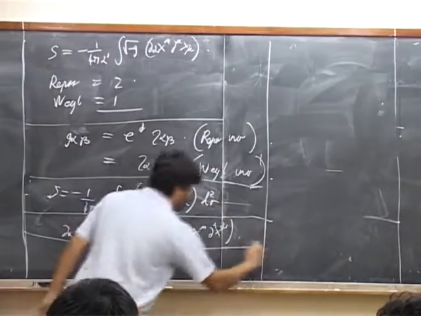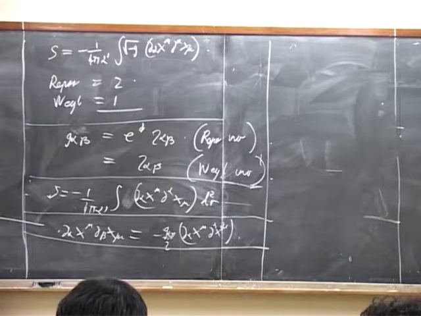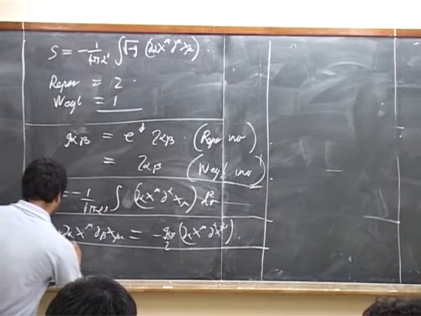Oh, there was no square. Okay, so we have to do our quantization consistent with these constraints. So these are constraints.